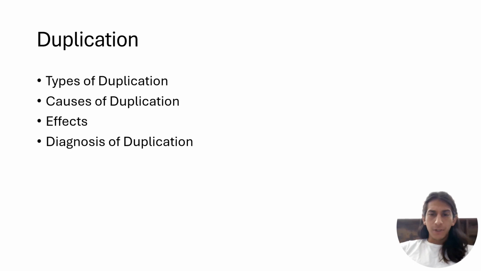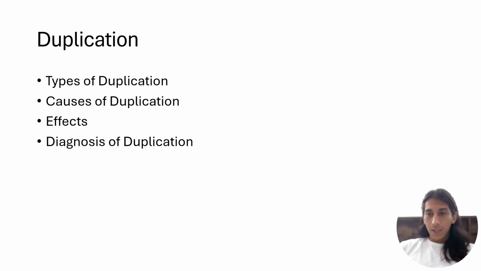Some of the causes of duplication: these can occur due to errors during DNA replication, again misincorporation and slippage of the DNA polymerase, exposure to mutagens, radiation and chemicals, and viral infections. Duplications can lead to genetic disorders as well.